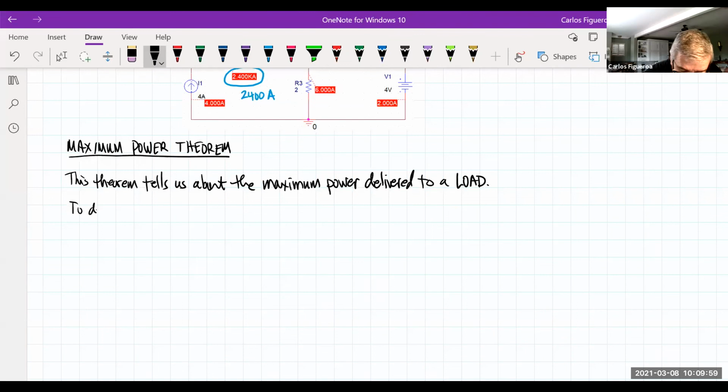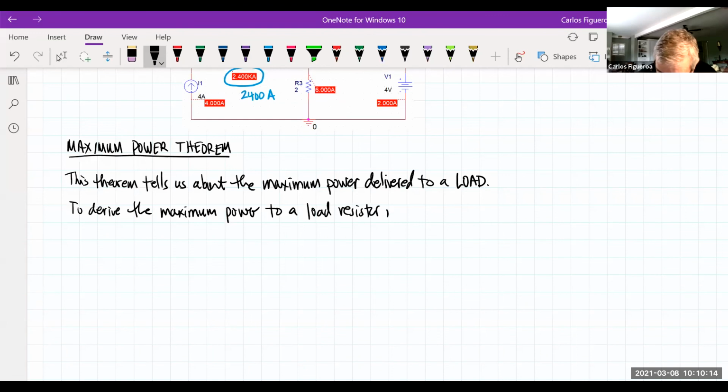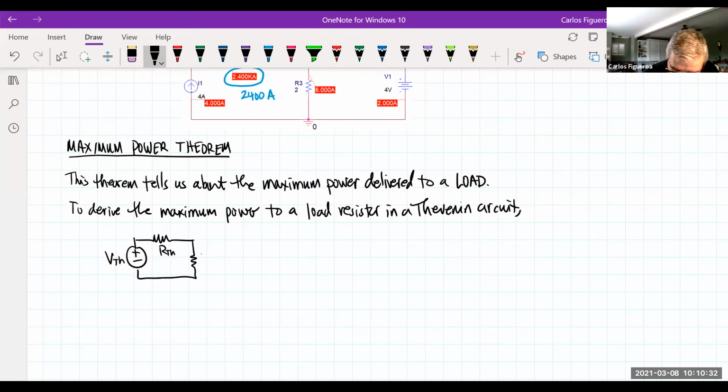So to derive the maximum power to a load resistor in a Thevenin circuit, we imagine that we have this circuit. And there's the load right there.